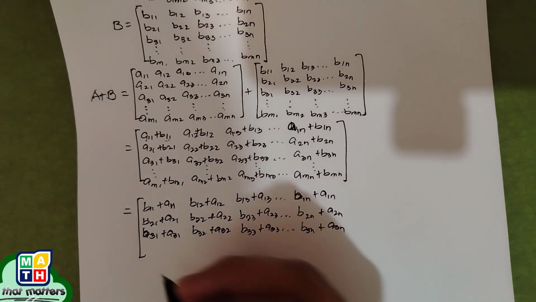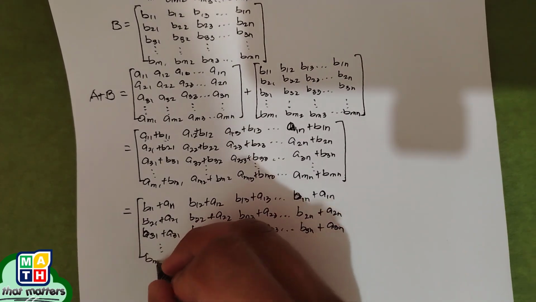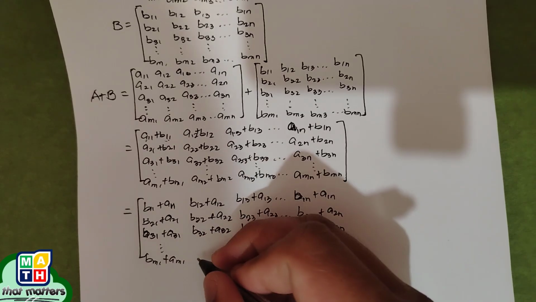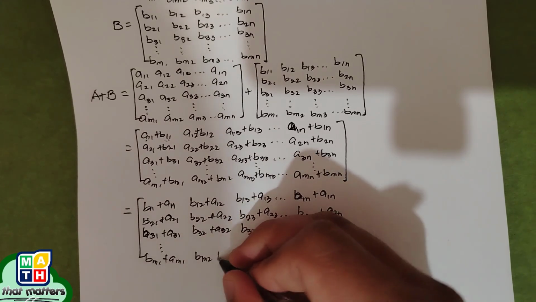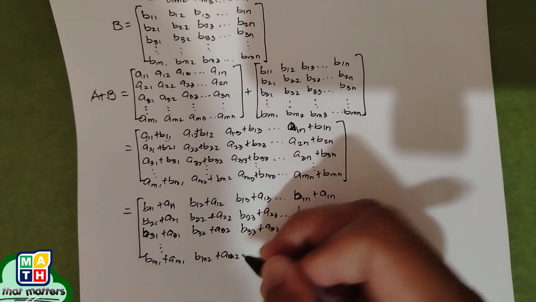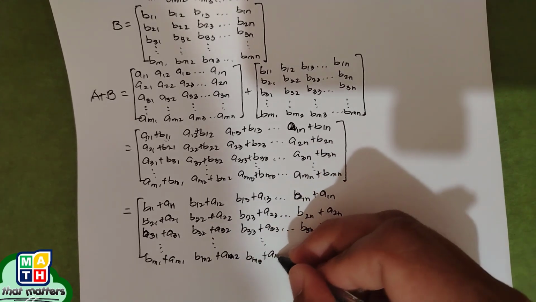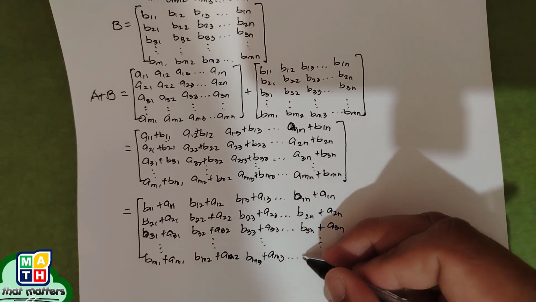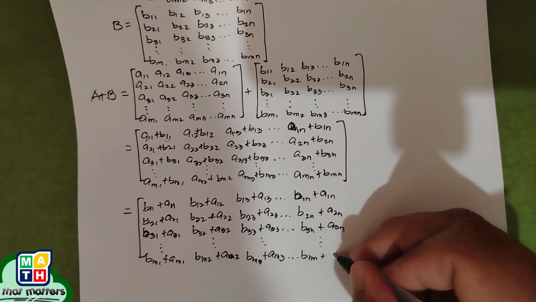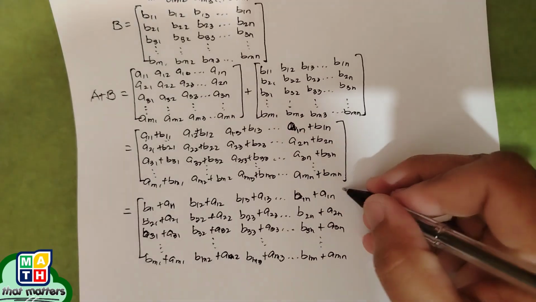Pardon my handwriting. Bm1 plus Am1, Bm2 plus Am2, Bm3 plus Am3, and you have here Bmn plus Amn.